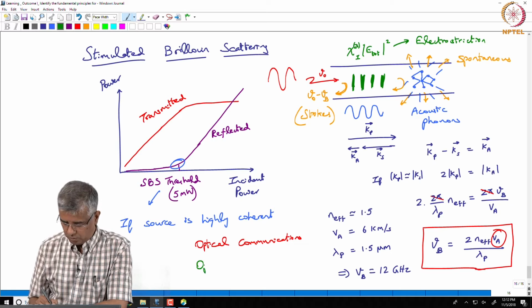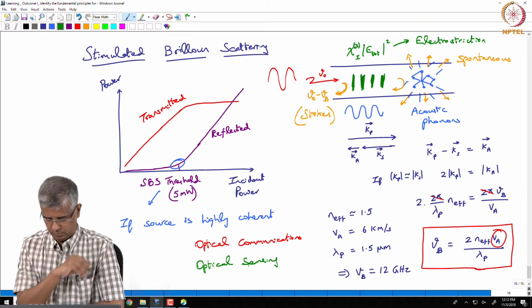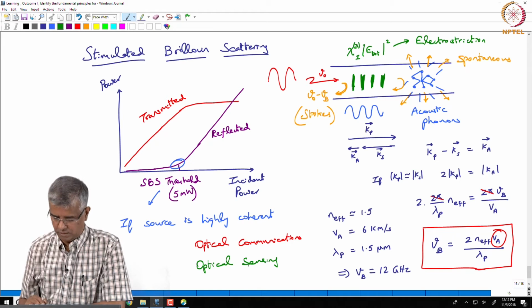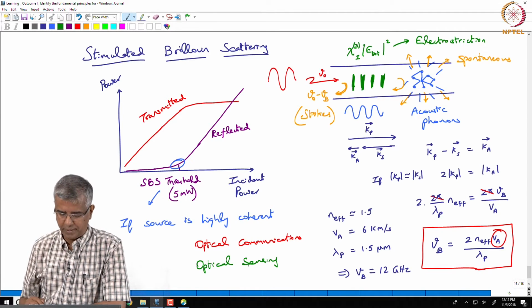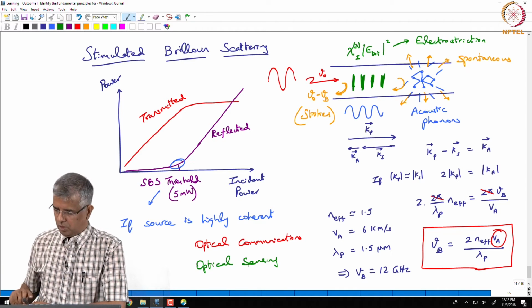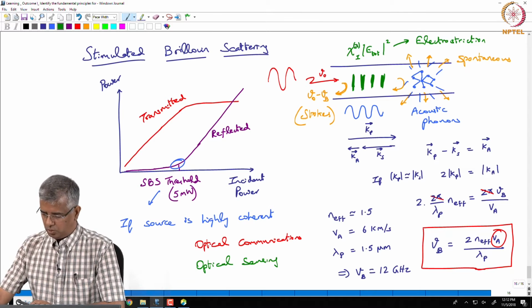So, it is very good for optical sensing applications. So, you are fighting against it in optical communications, but you are exploiting it in optical sensing.